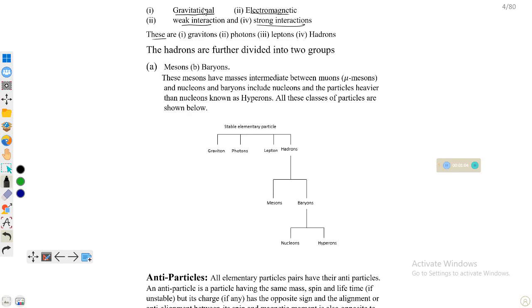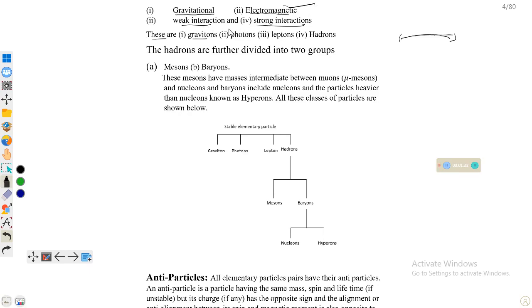Gravitational force exists between two objects because of the exchange of gravitons, and the electromagnetic force exists because of the exchange of the particle known as photons between two particles. These photons exchanged between the particles are responsible for the electromagnetic force.